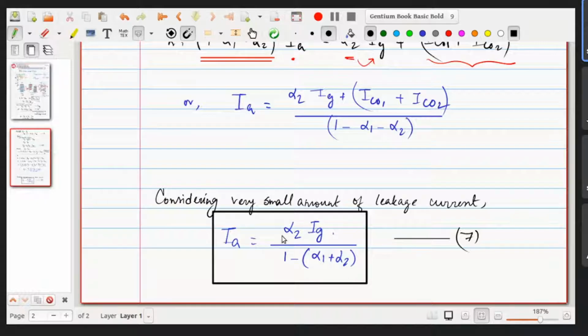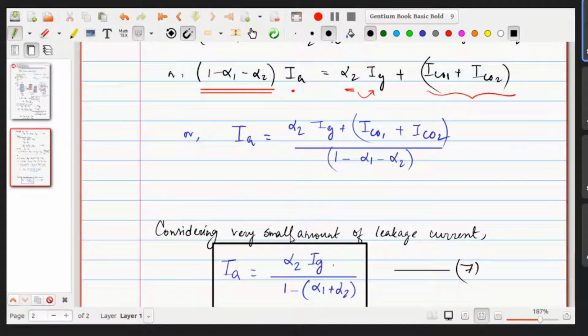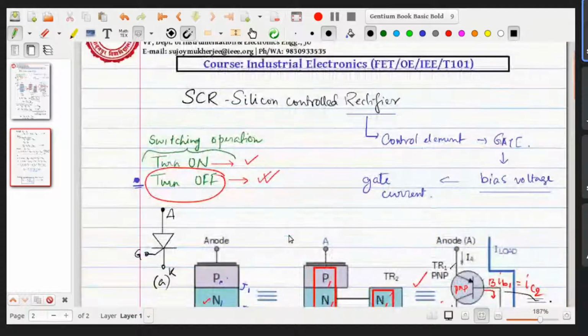So this is the target that I mentioned at the very beginning, that our target is to control by the gate bias voltage so that we can have control over the gate current. Our target is a very high diffusion current from anode to cathode, which will govern the conducting state of the SCR.